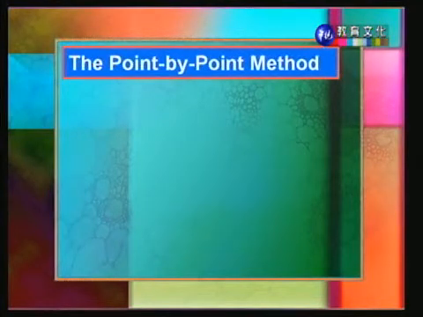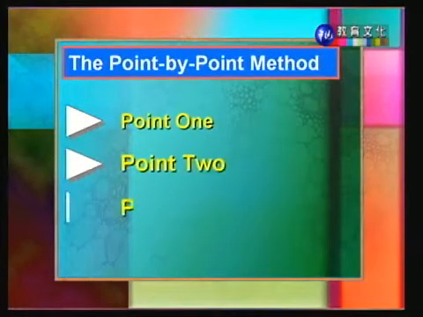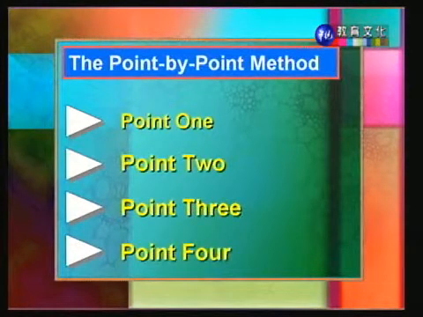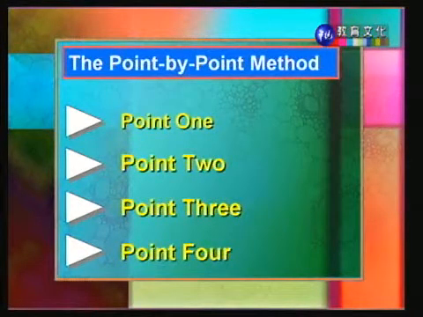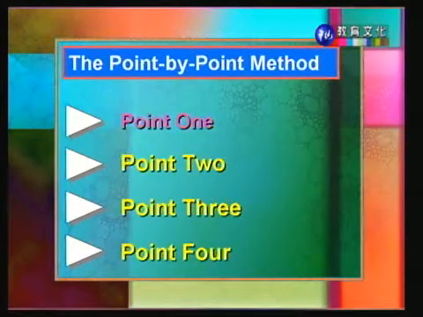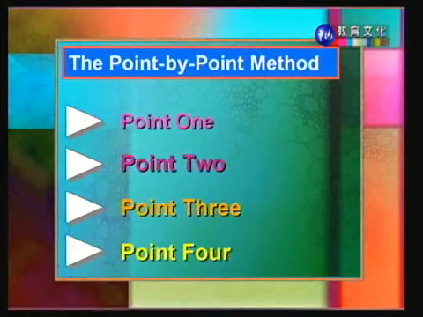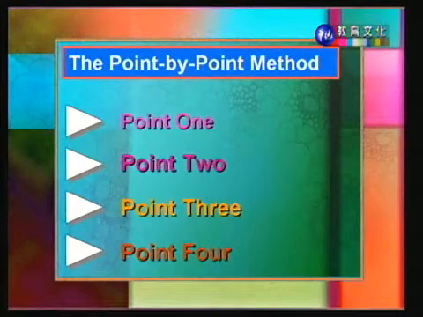Now let's go on and talk about the point-by-point method. It can be illustrated by a lot of different arrows. These arrows mean that you have many points that you want to write about in your essay, and each arrow represents a different point. Here you have four points. When you're writing, you write about how your subjects are related to each other in a single point.